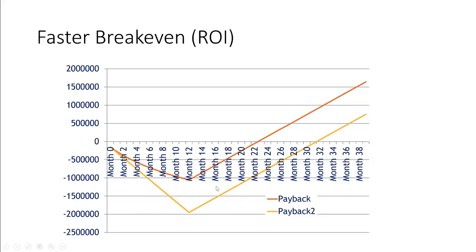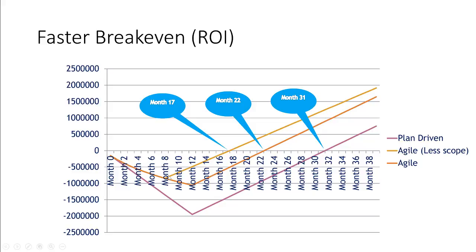And now you can remember on the second slide in this section, we talked about not delivering on the things that were lower in priority. Well, you can see here that the release date's exactly the same because we delivered the full scope. Sometimes you can deliver less scope, and then your ROI becomes even faster. Now you'll note that this line is less slanted, right?